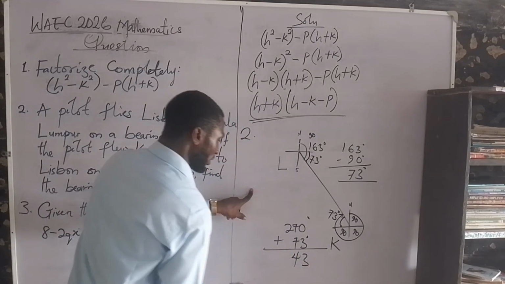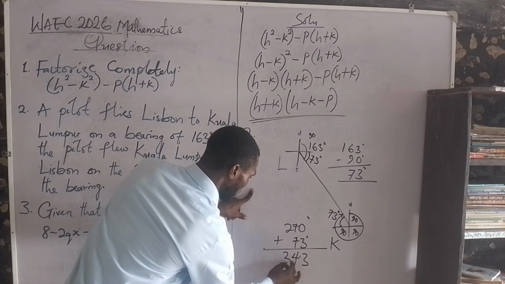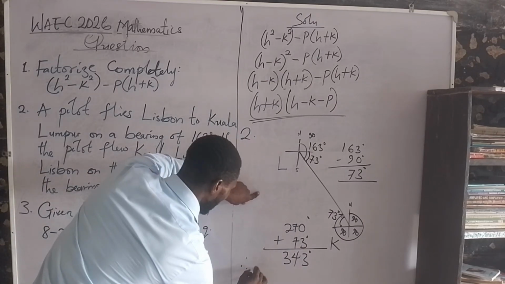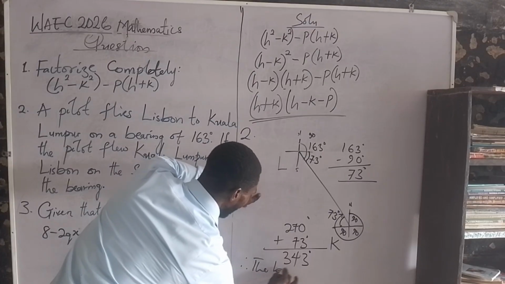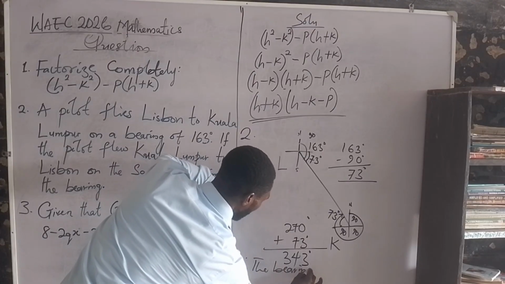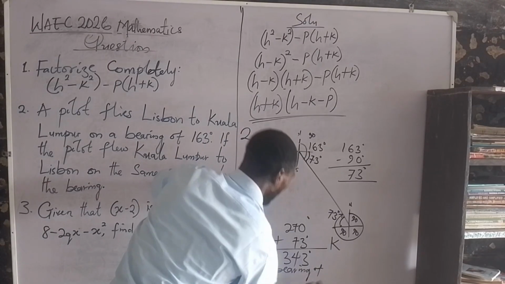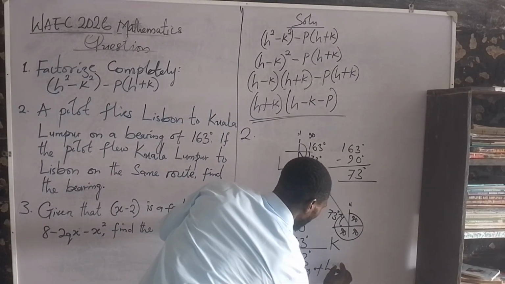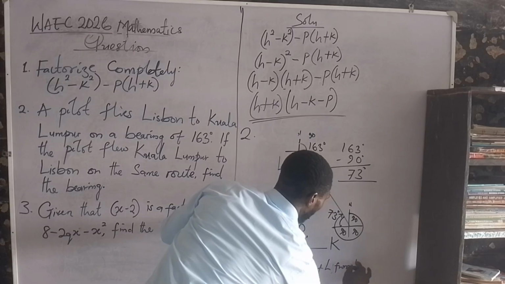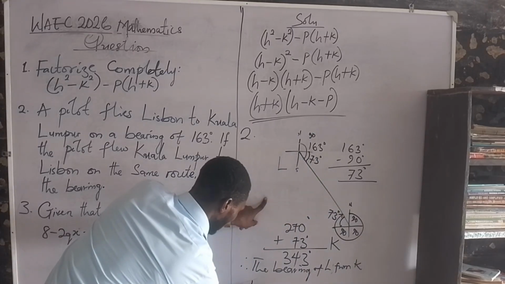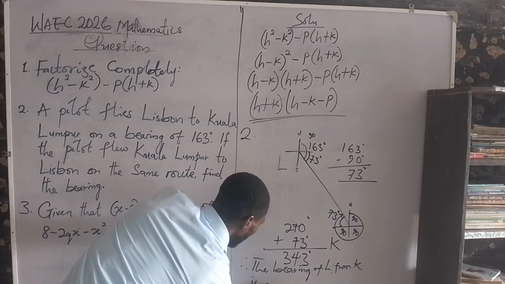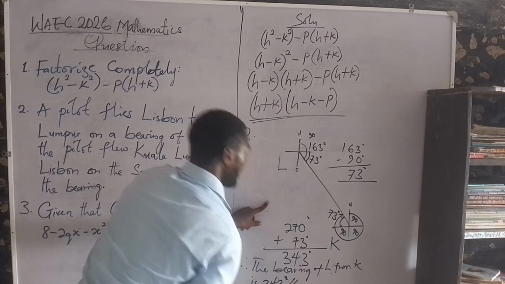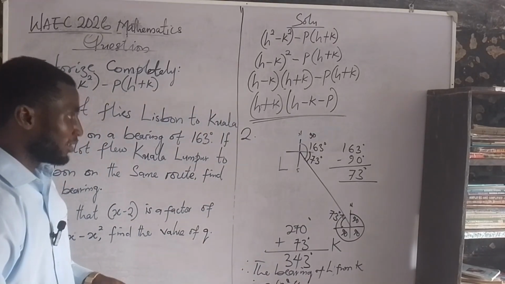Write 4 and take 1. Add the 1 here, here becomes 3. Therefore, the bearing of Lisbon L from K is 343 degrees, and that's the final answer.